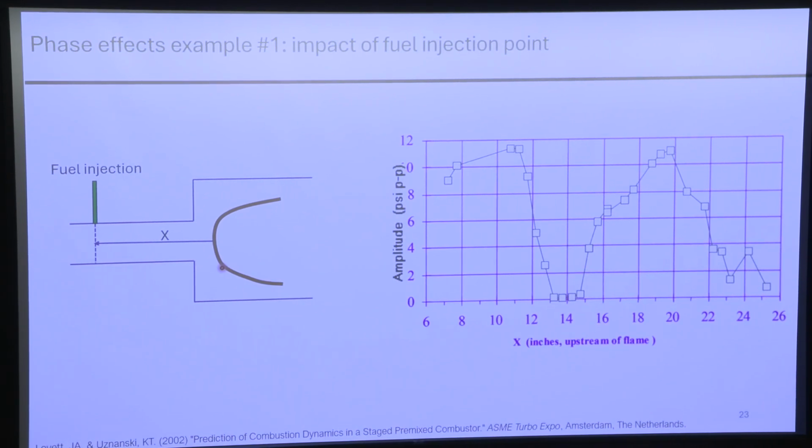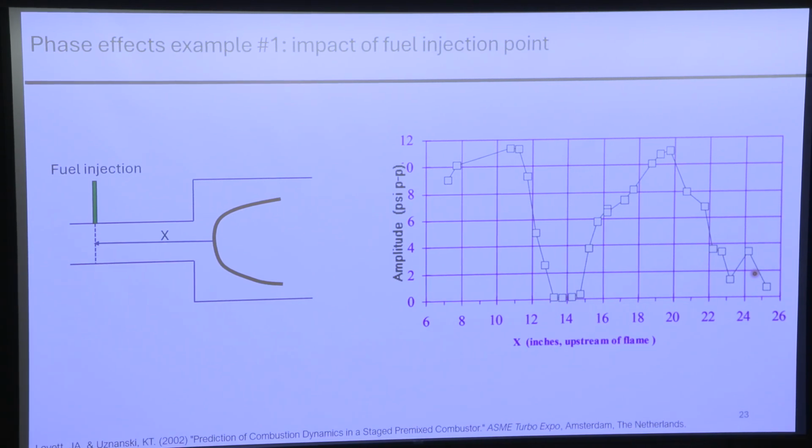Changing the location of the fuel injection just changes the phase of the heat release rate. And so you can see as they move it back, you get regions of positive and then nothing, and then positive and then nothing, right? And this is all continuous. They're not moving it back and forth, they're just moving the fuel injection back continuously.